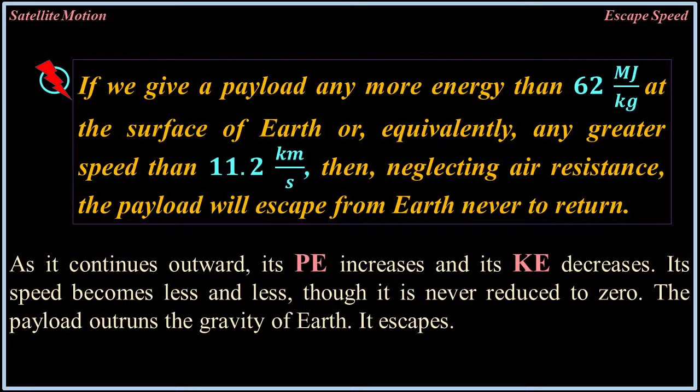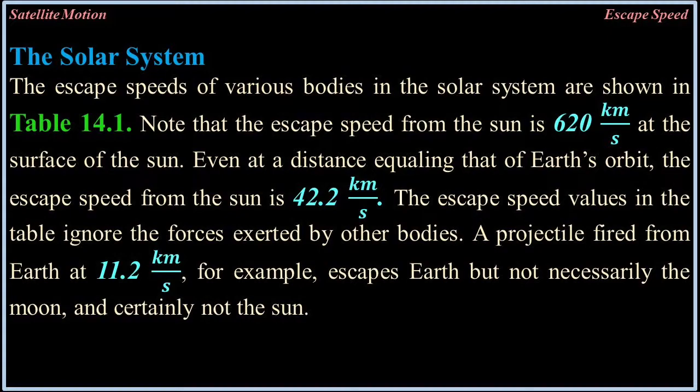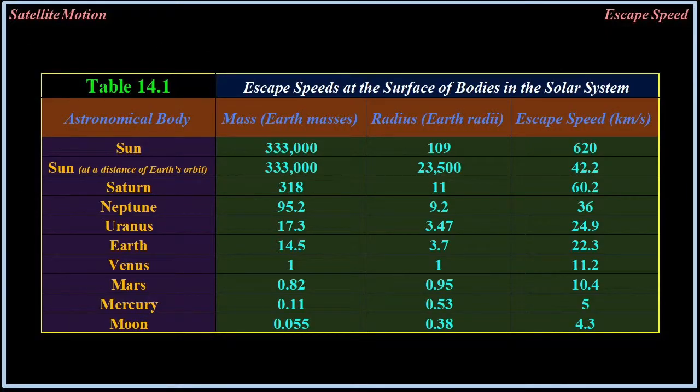It escapes. The solar system. The escape speeds of various bodies in the solar system are shown in Table 14.1. Note that the escape speed from the Sun is 620 kilometers per second at the surface of the Sun.